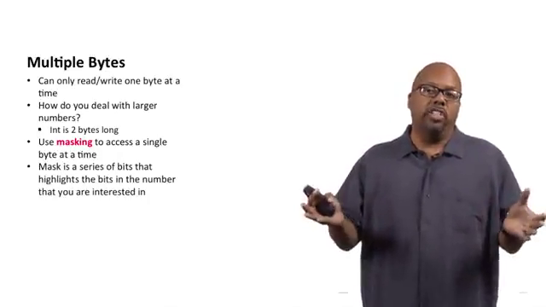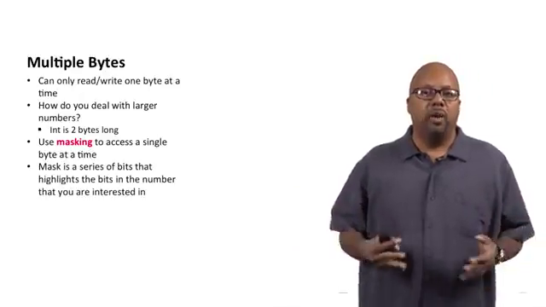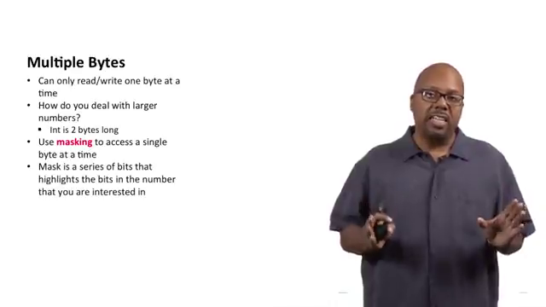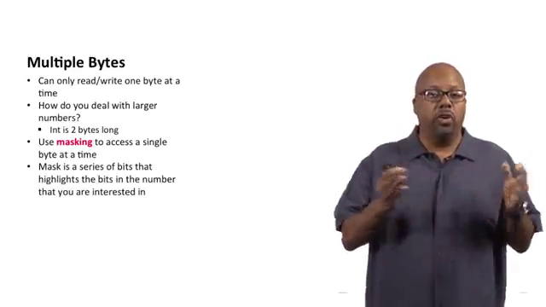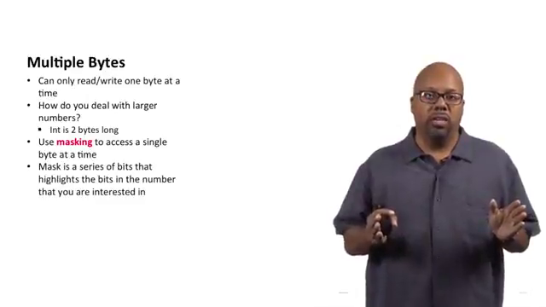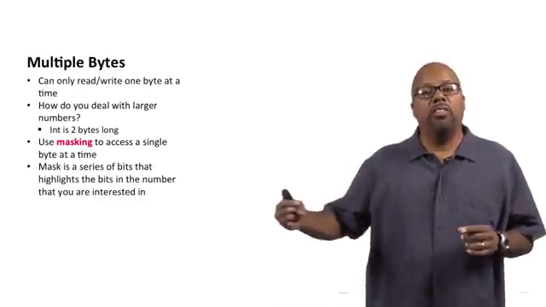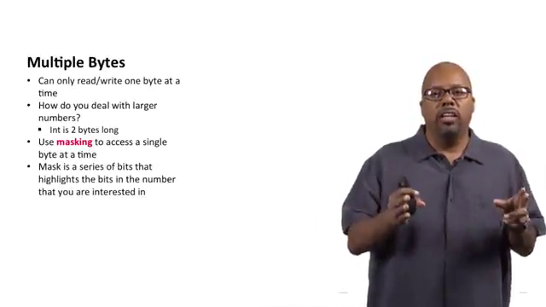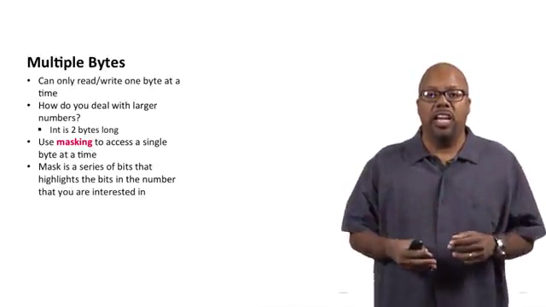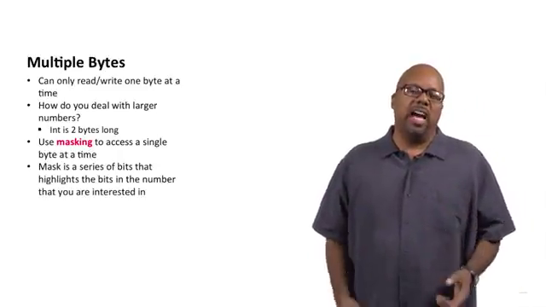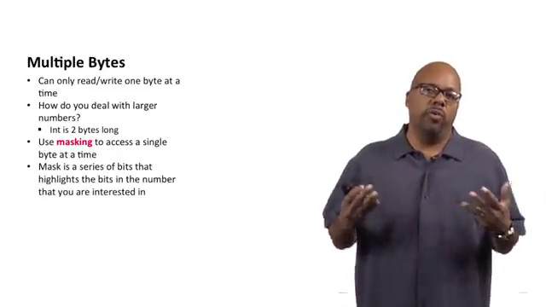If you've got a 16-bit integer and we're interested in the high 8 bits, then the mask is also going to be a 16-bit number. The high 8 bits will be 1s, and the low 8 bits will be 0s. The bits that are 0s are the ones that we're going to ignore. The bits that are 1s, the high 8 bits in our data, will be the ones that we're going to focus on. So that's what a mask is. It highlights the bits in the number that we're interested in.